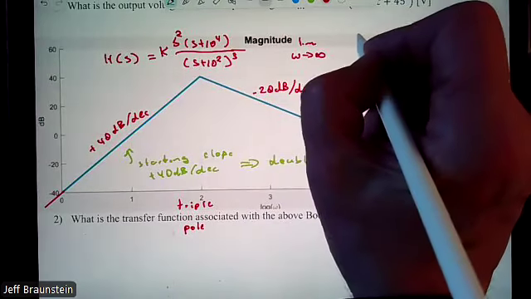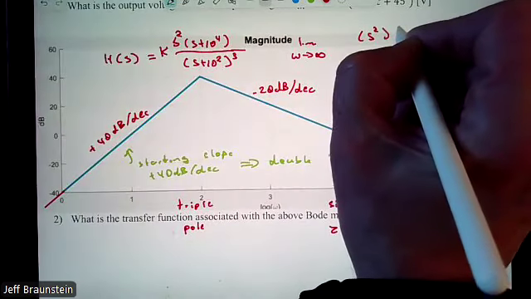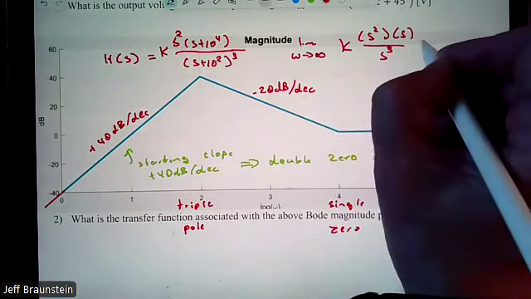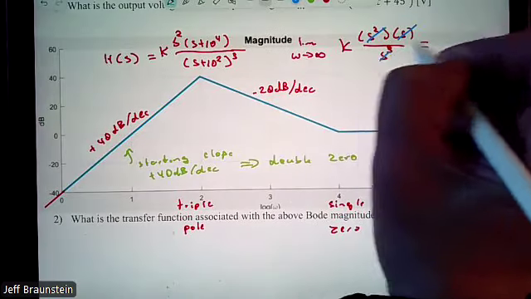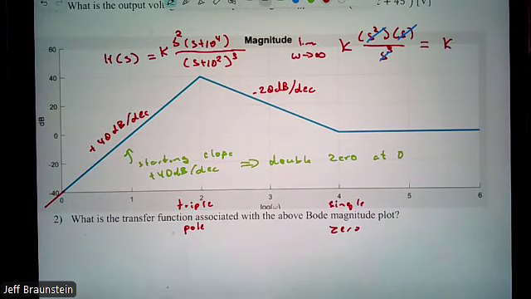We can keep all the dominant terms: S squared, S over S cubed, times K. These all cancel, and we get K. In this case, it's relatively easy. Everybody agree with what I wrote? Our value at high frequencies is 0 dB. 20 log of what gives us 0 dB? 1. K in this case is 1.